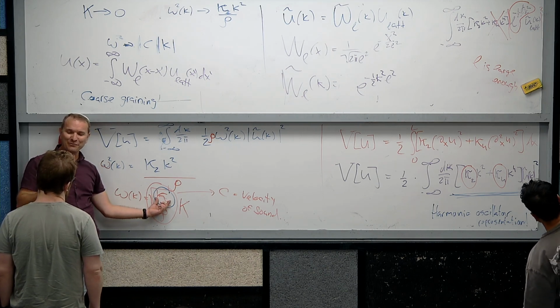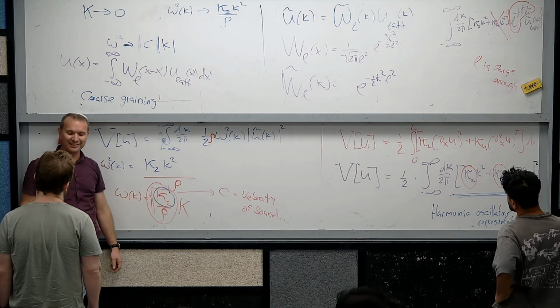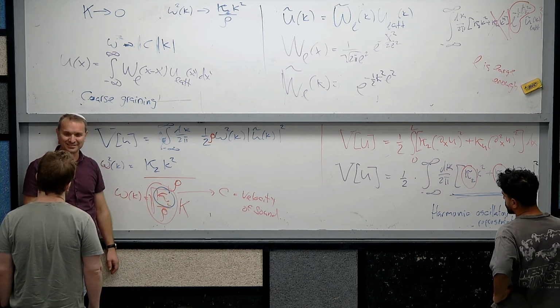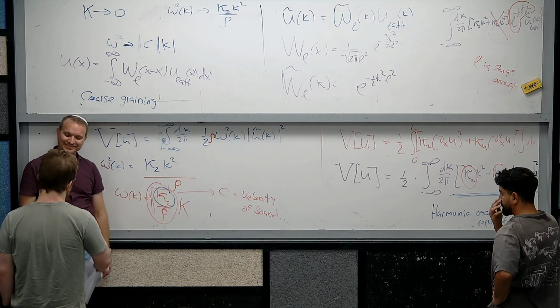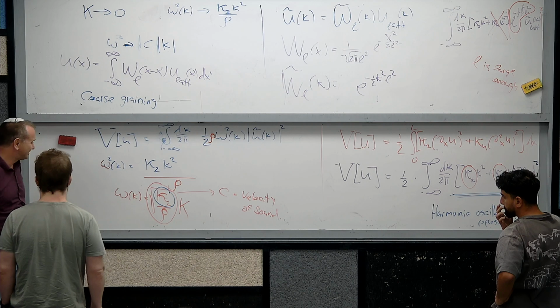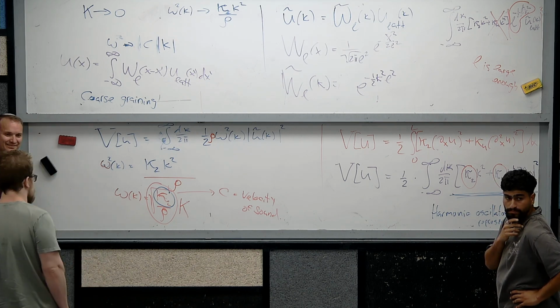If you plug it in correctly in the first place, using the correct units, you will get the velocity of sound in the right units. But you don't have any idea what this kappa is. Okay, although this omega is frequency, it's not a. Okay.